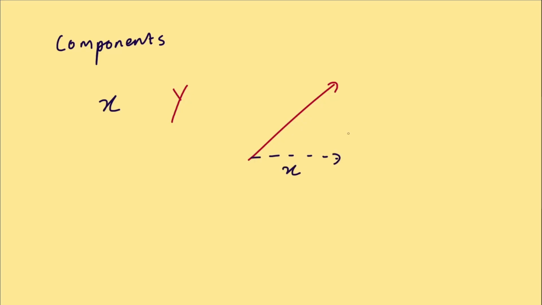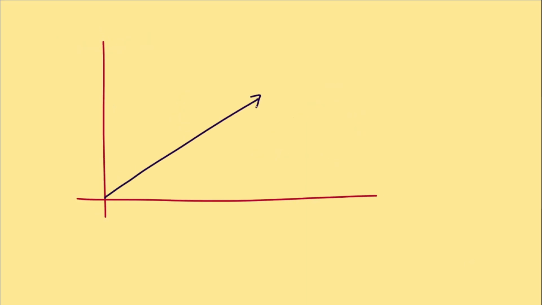Adding vectors by components basically means you add the x part and the y part, because every vector has its x component and its y component. Well, let's see this concept in action. So let's take a vector, and we're going to call this vector v.